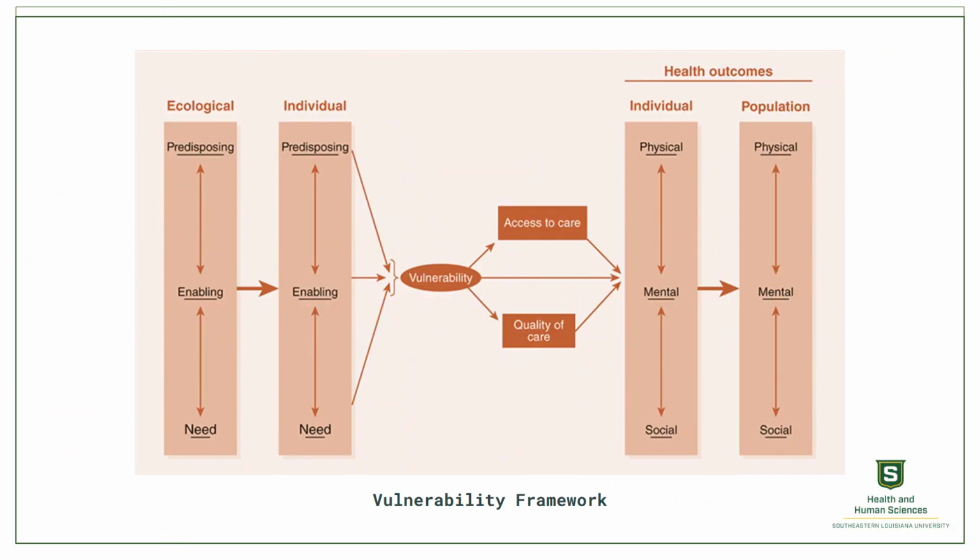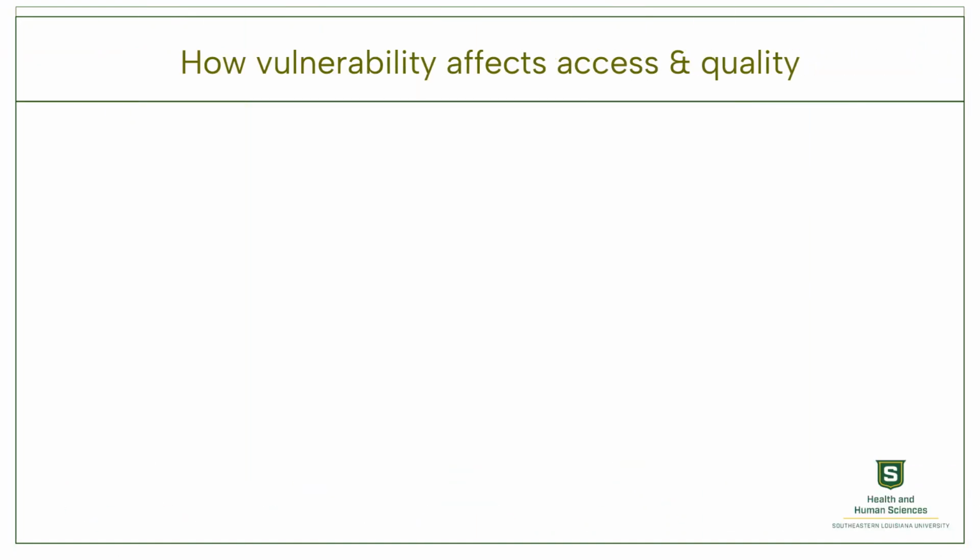So, a quick reminder of the vulnerability framework. We have talked about the ecological and individual elements of it and how that plays a role in one's vulnerability. Now let's talk about how vulnerability fits into access to care, or how it fits into quality of care.